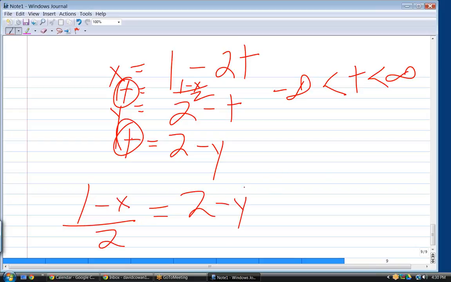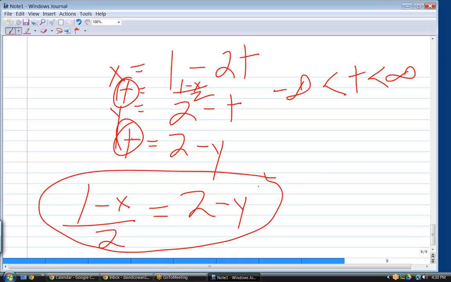Then I can either solve for y or even x. I can do lots of things once I get it to there. That's how you remove the parameter when you're looking at polynomial equations in t. It's pretty easy. If you can solve for t, do it with both equations and then set one equal to the other.